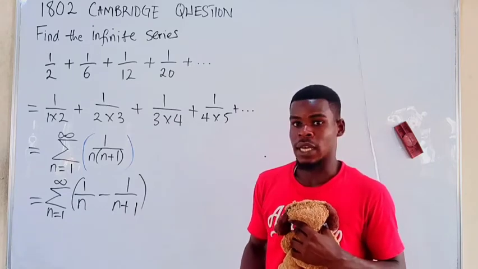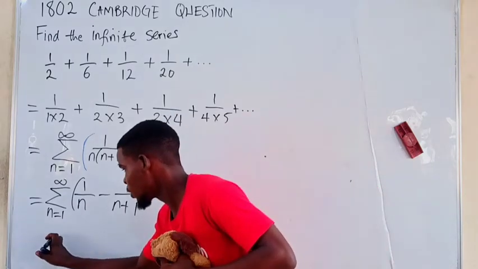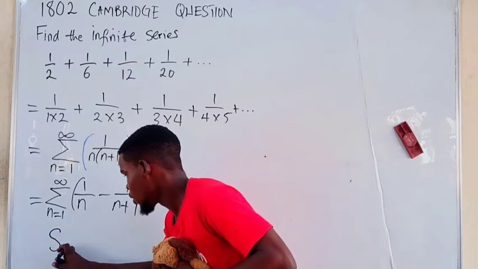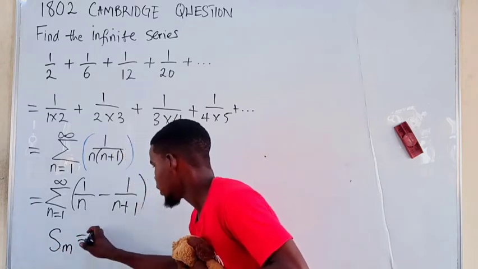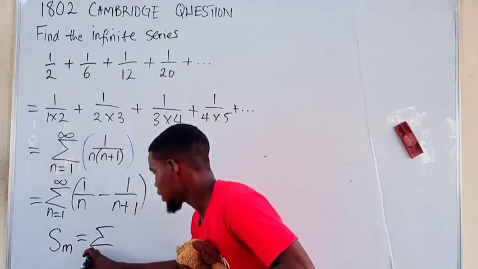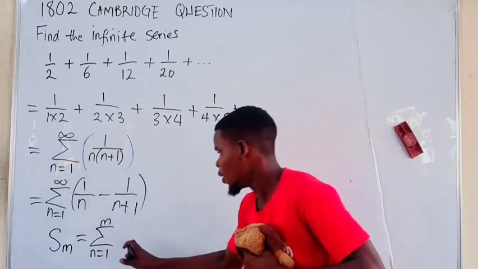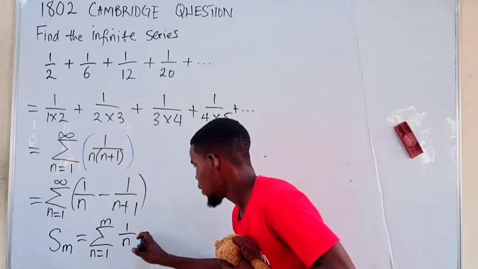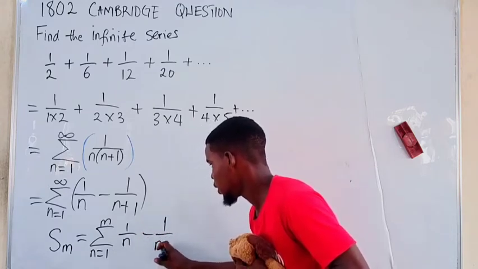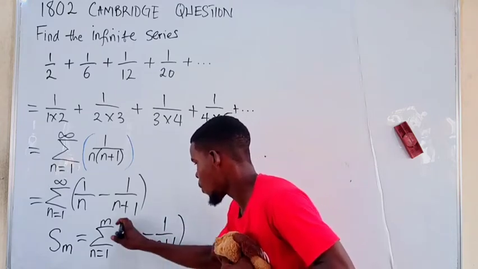Good. So I can look at the partial sum by putting down A sub m to be the sum as n starts from 1 to m of 1 over n minus 1 over n plus 1.